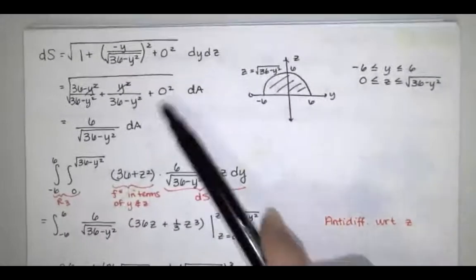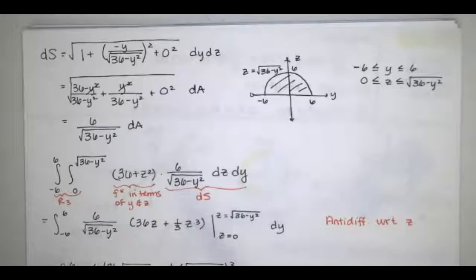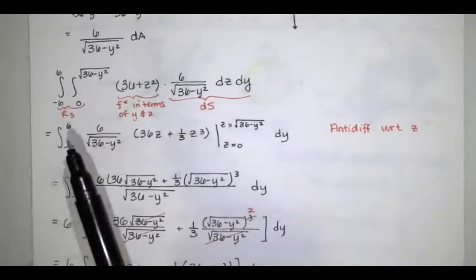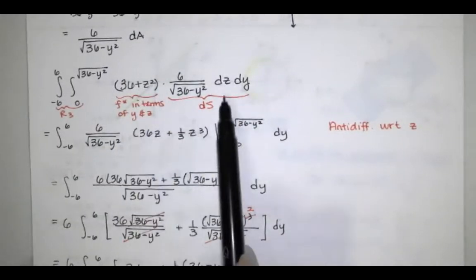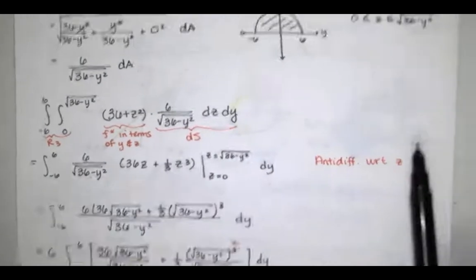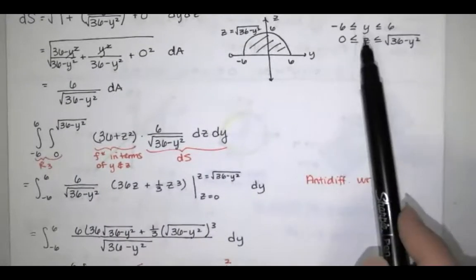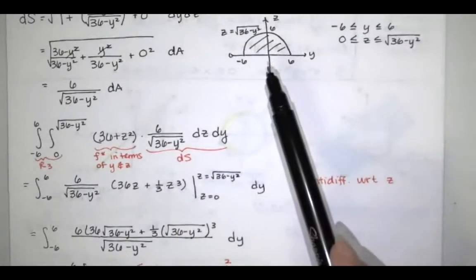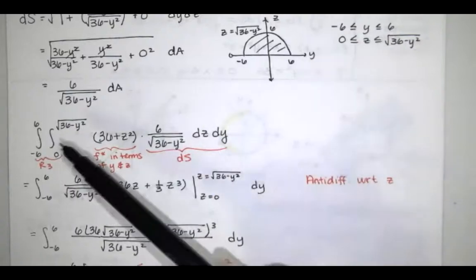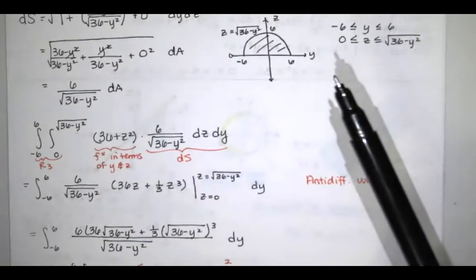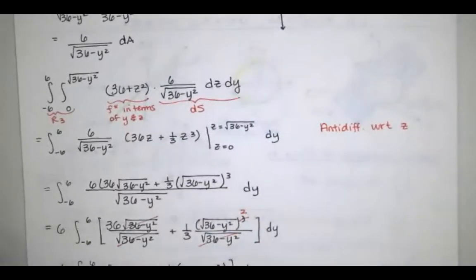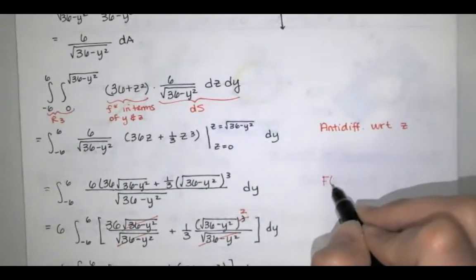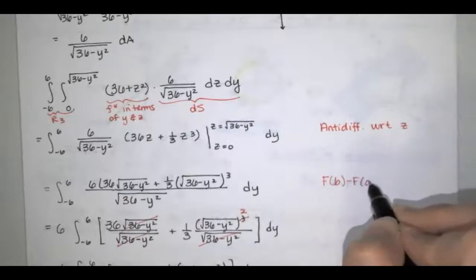So we've got to do a little algebra, simplify our surface area piece, and then you just substitute. You've got your integrand in terms of your new variables. You've got your surface area in terms of the new variables. You've got to describe your region, letting one of your variables go from a constant to a constant and letting the other one go from a function to a function. And then once you do that, you just anti-differentiate with respect to the first variable and then use the fundamental theorem of calculus.